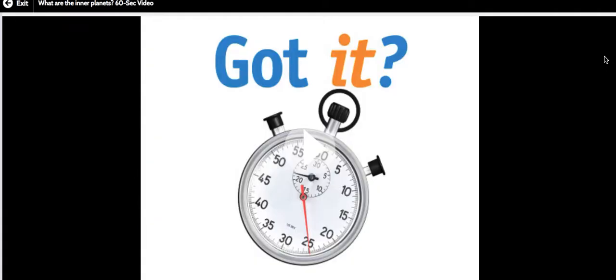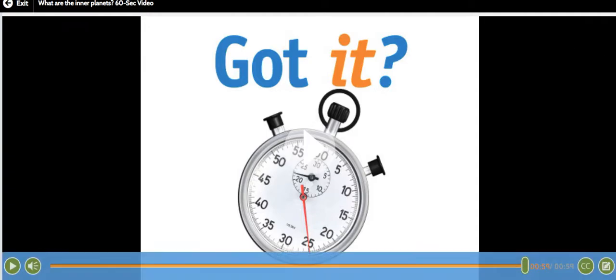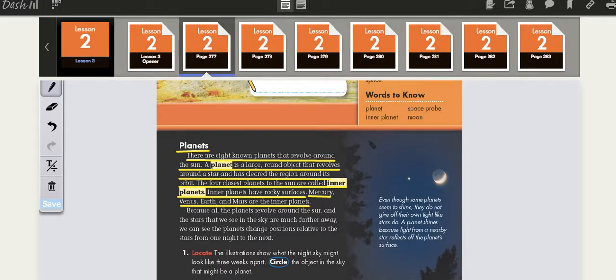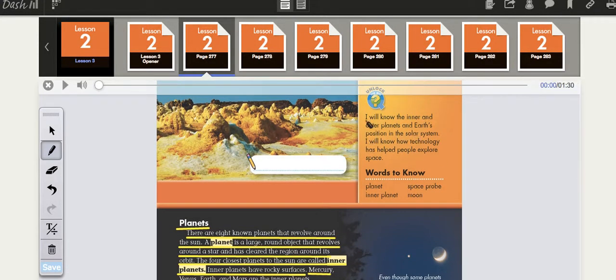Okay, as we watch this video which introduces our lesson today, let's move to the first idea that we are going to cover. So to start, we have to know our objectives. In this lesson, we are going to talk about the inner planets, and in the upcoming lectures, we are going to discuss also the outer planets.